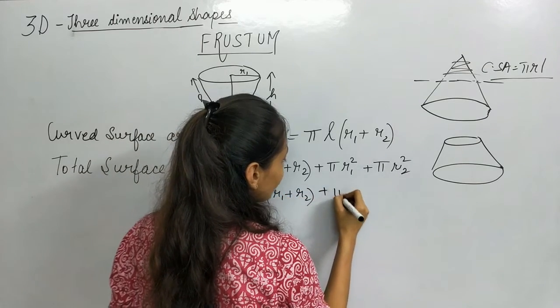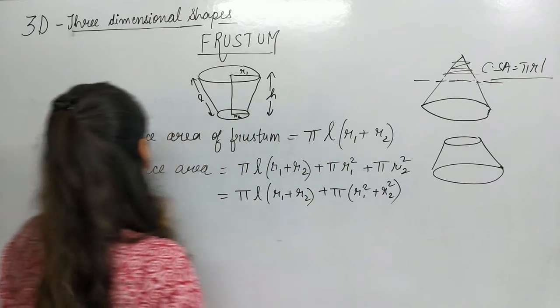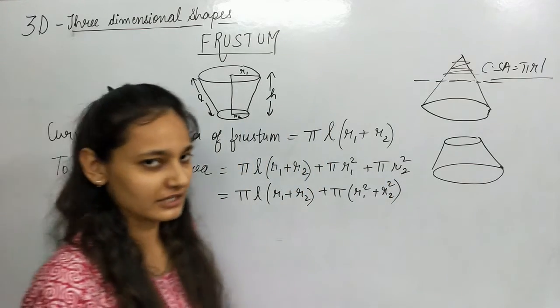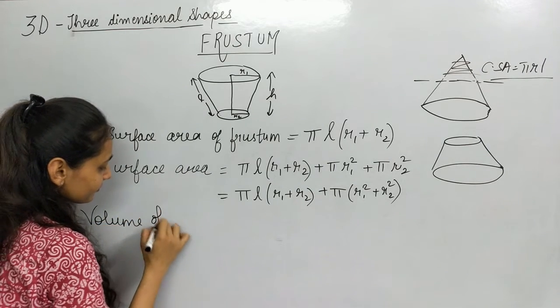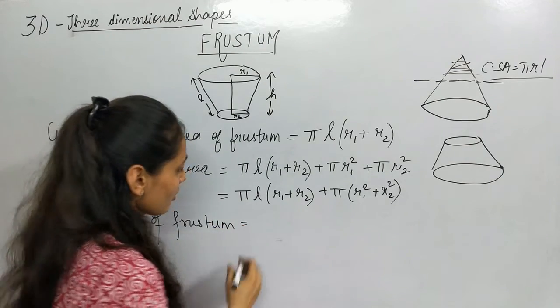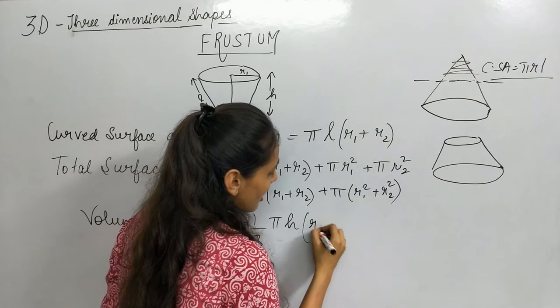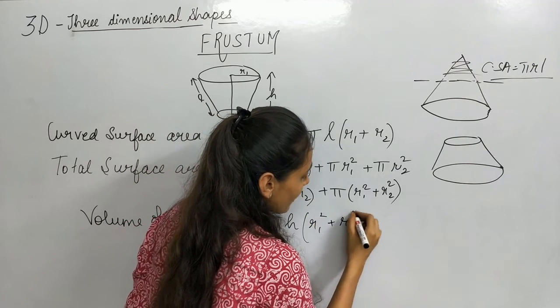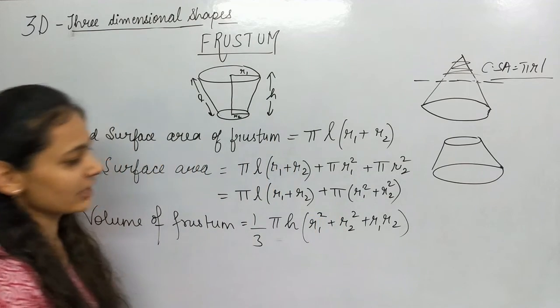You can take pi common: R1 square plus R2 square. This is the total surface area of frustum. Now volume of frustum will be one by 3 pi h (R1 square plus R2 square plus R1 into R2). This is the volume of the frustum.